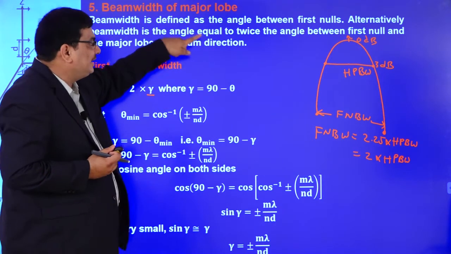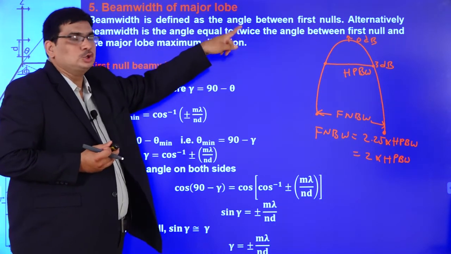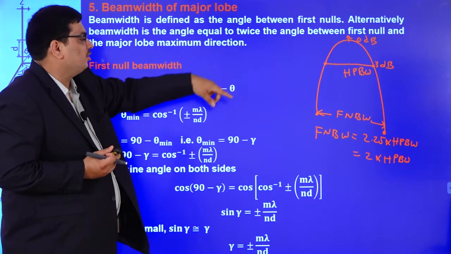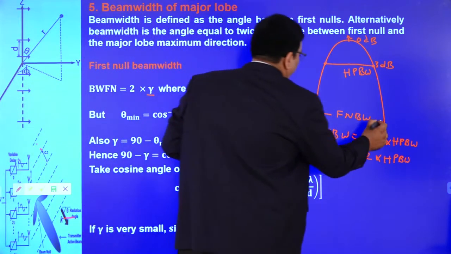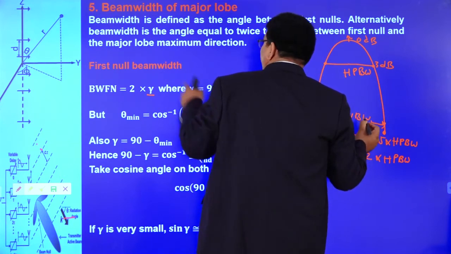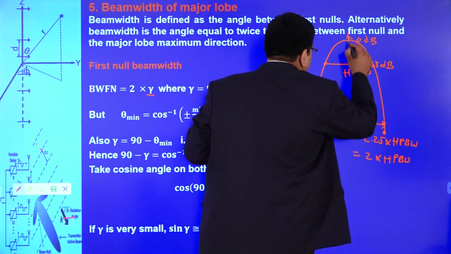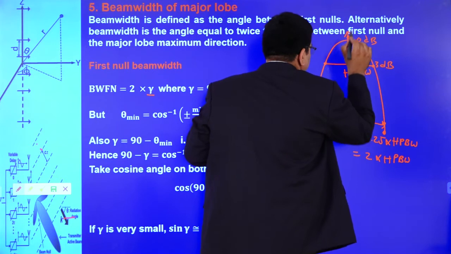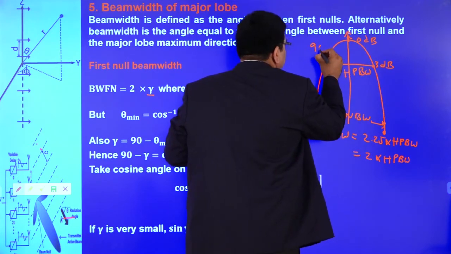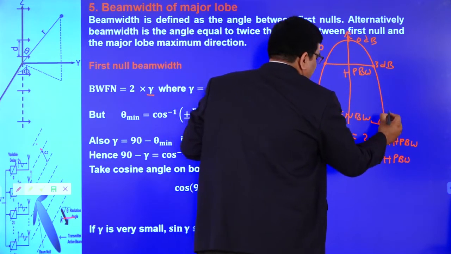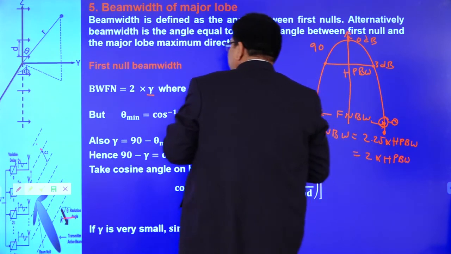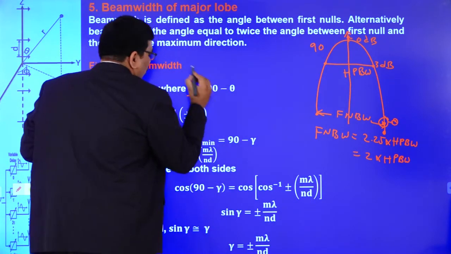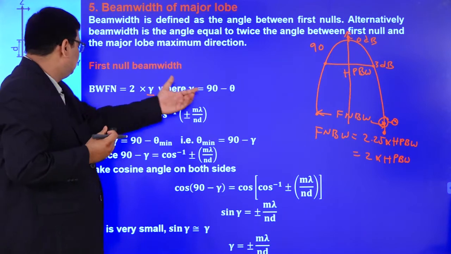That is the angle, twice the angle between the first null, that means this point, and the major lobe maxima direction. This is the direction of your maxima. Your maxima direction is 90 and this first null direction is some θ. That's why ζ equals 90 minus θ.